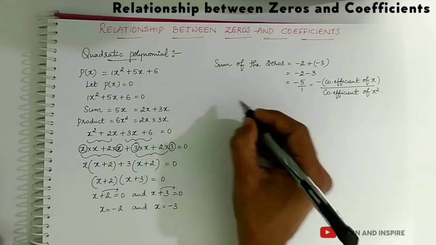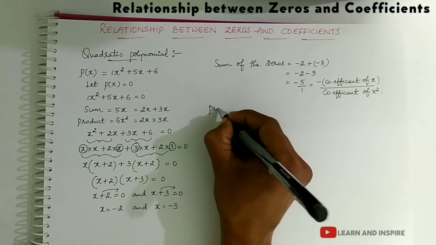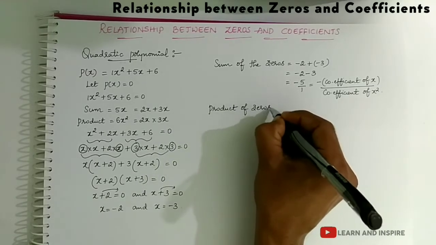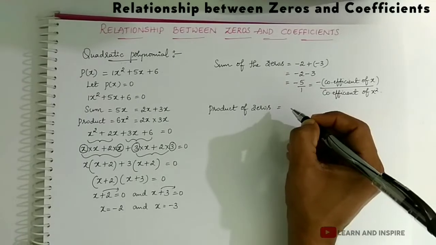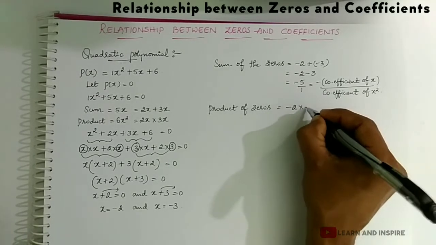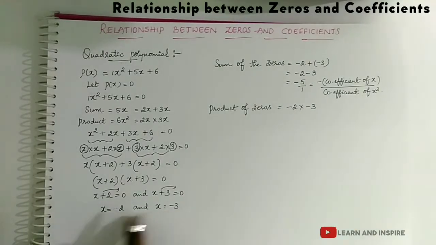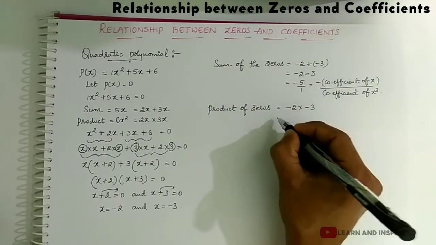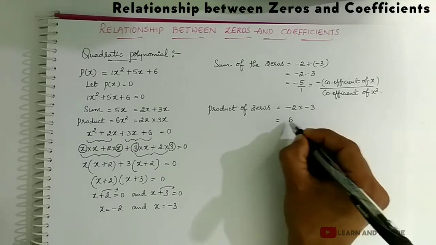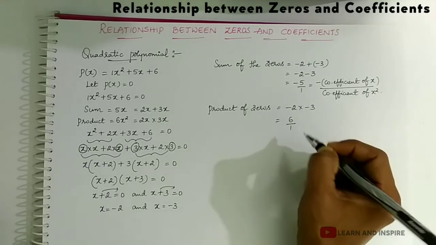Now I write the product of zeros. Product of zeros is equal to, product is nothing but multiplication, minus 2 into minus 3. So I am multiplying these zeros, which equals minus into minus is plus, 2 3s are 6. This 6 can be written as 6 by 1.